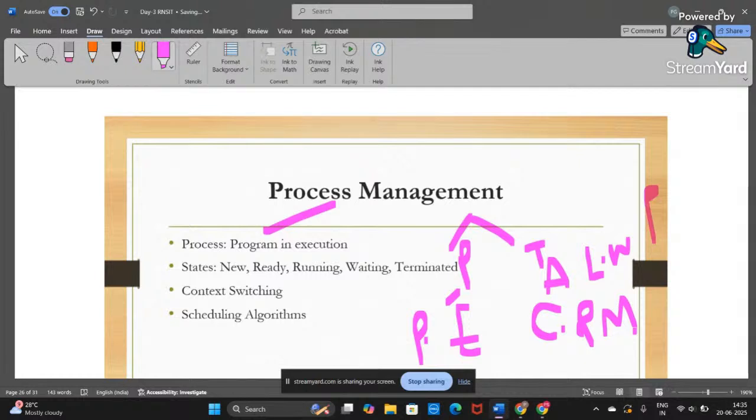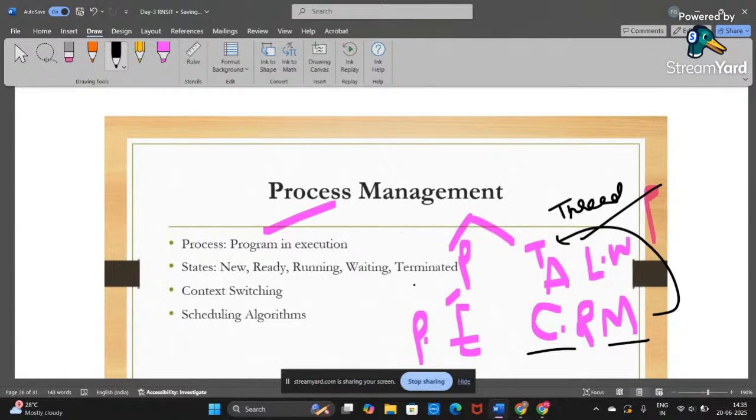Please listen carefully. A thread shares code and memory with other threads. And this is faster.